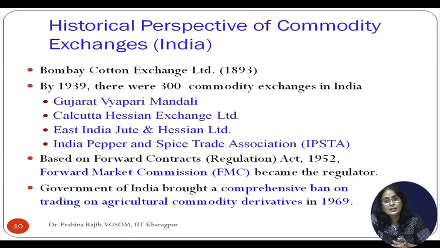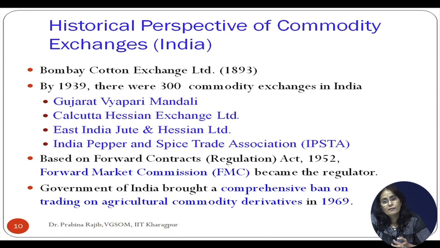So Government of India felt the necessity of harmonizing the rules and regulation of commodity derivative trading, and in the year 1952 Government of India enacted the Forward Contracts Regulation Act of 1952, and it instituted a regulatory body called Forward Market Commission, and this commission became the regulator of all commodity exchanges operating in India at that point of time.